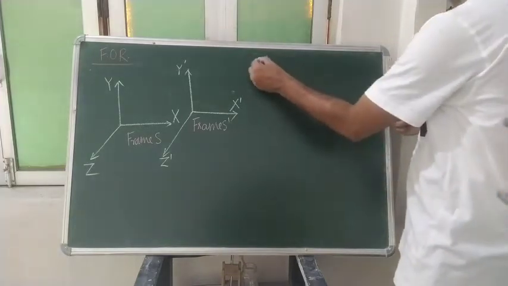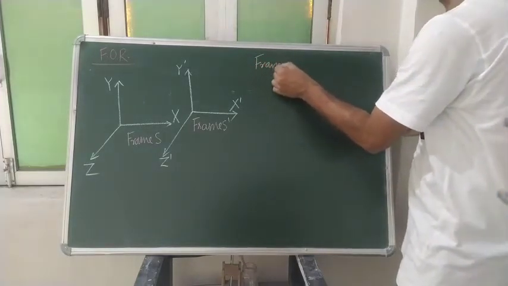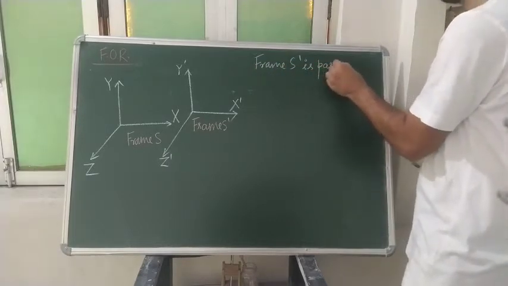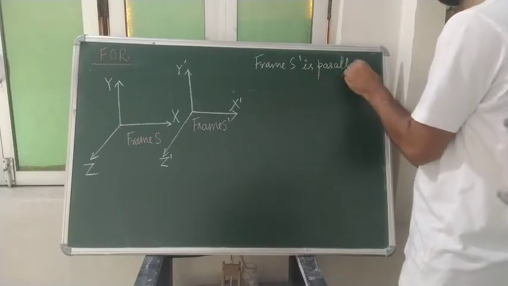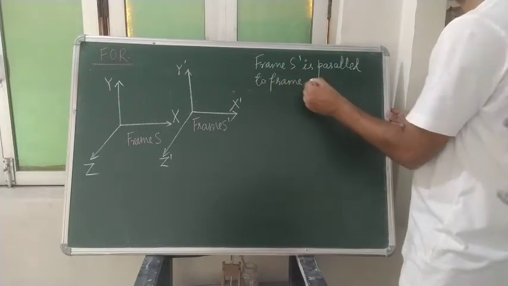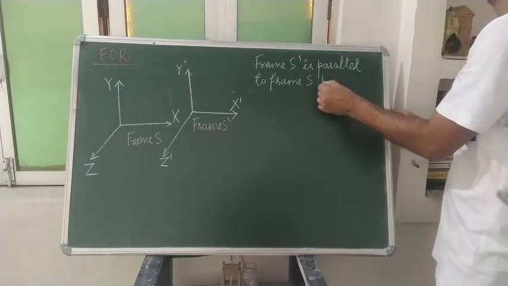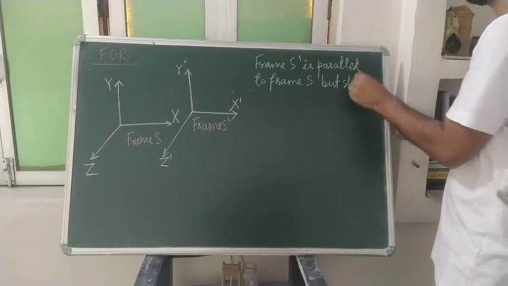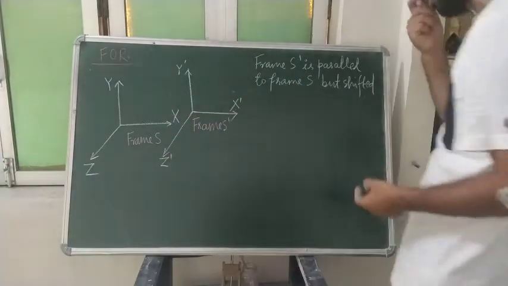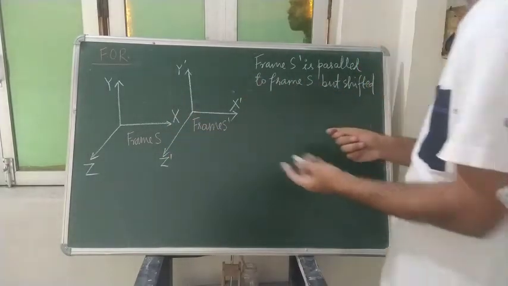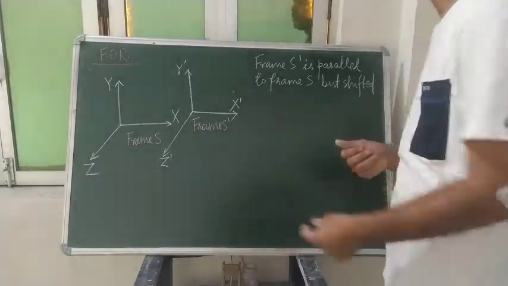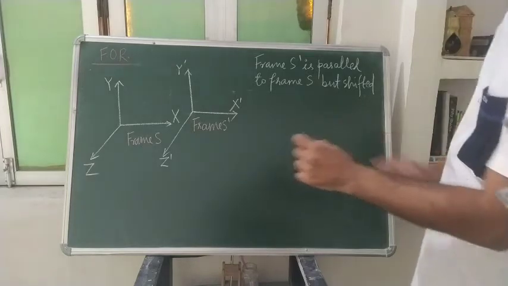So frame S prime is parallel to frame S, but it is shifted. It is shifted, but it is parallel to the frame S. It is not rotating. It can rotate as well, but for convenience we are saying that it is parallel.